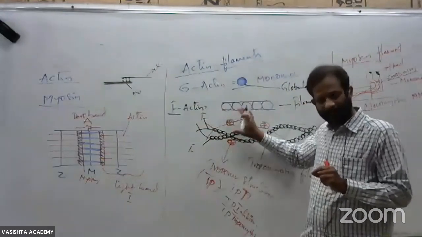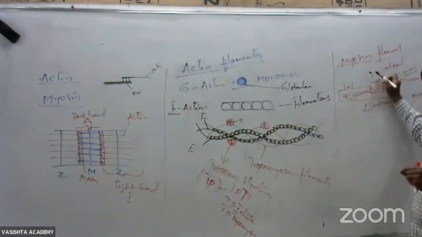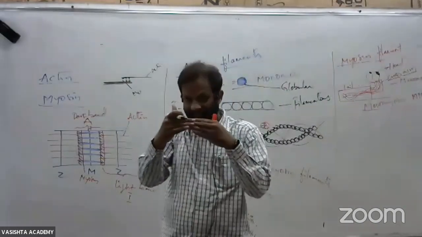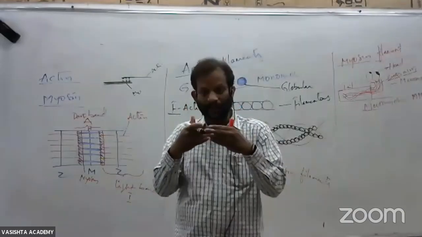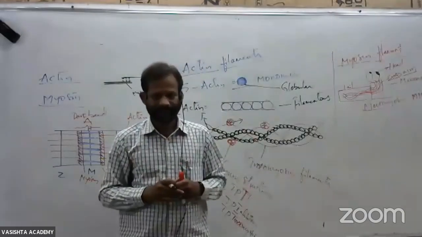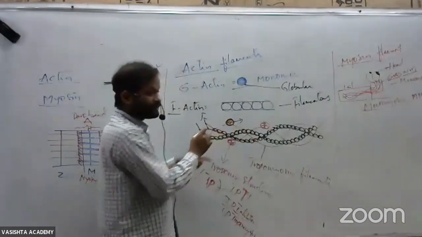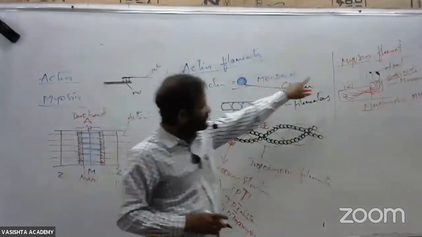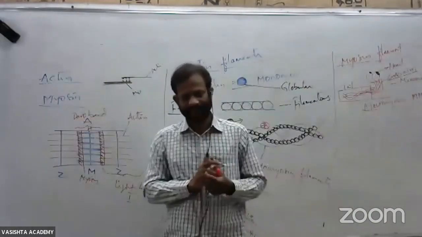This is called the myosin binding site. This is called the actin binding site. So you understood in which areas actin and myosin filaments will contact each other. In this area, the myosin filaments will attach. These spots will attach with the head region of myosin filaments.